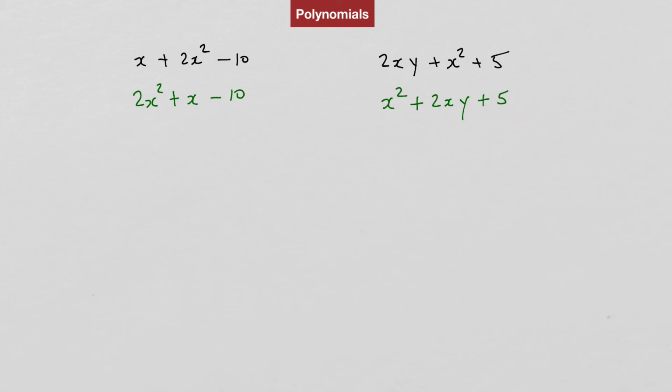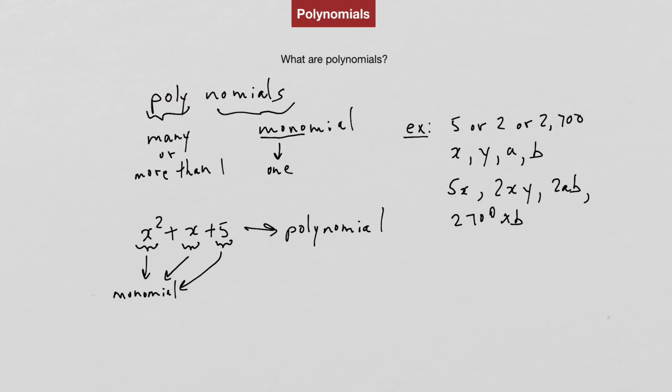One other thing that I want to clarify, and I'm going to go back to the previous page, is that a polynomial also needs to have monomials that are raised to a positive degree. Okay, so in other words, if you have a monomial that looks like this, and another monomial that looks like this, okay, so now we've got a polynomial.